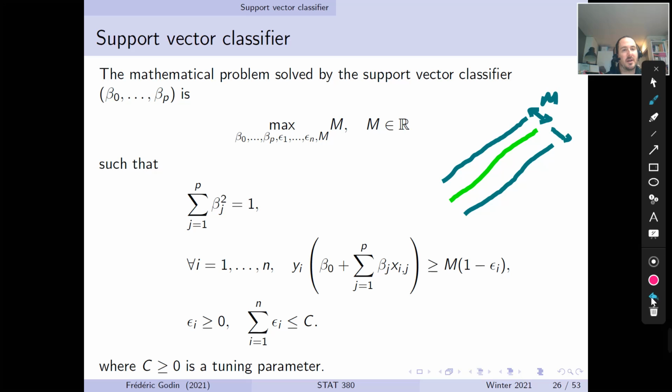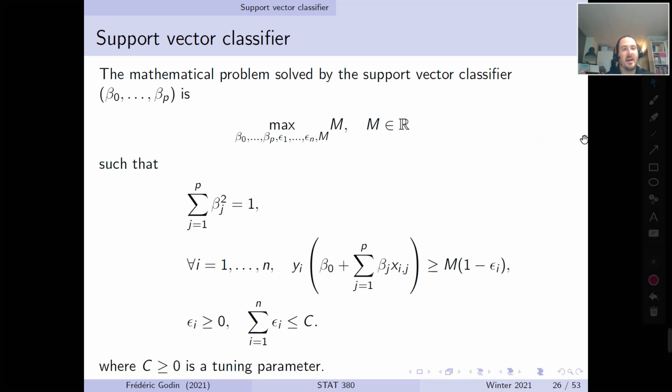So in a nutshell, the support vector classifier is similar to the maximal margin classifier, except that we allow for some violations of the margin or the hyperplane through these epsilons, but we cap the sum of epsilons so as to limit the amount of violations that can occur.